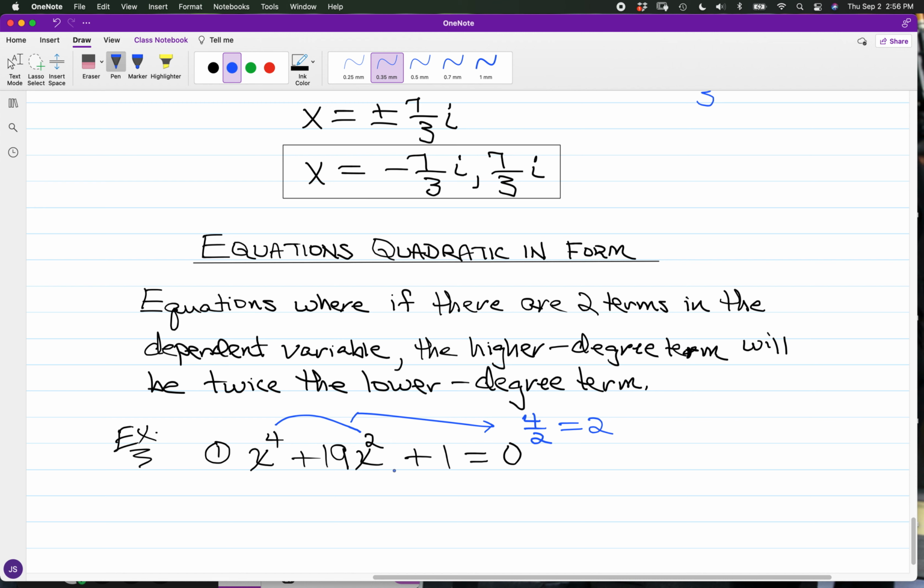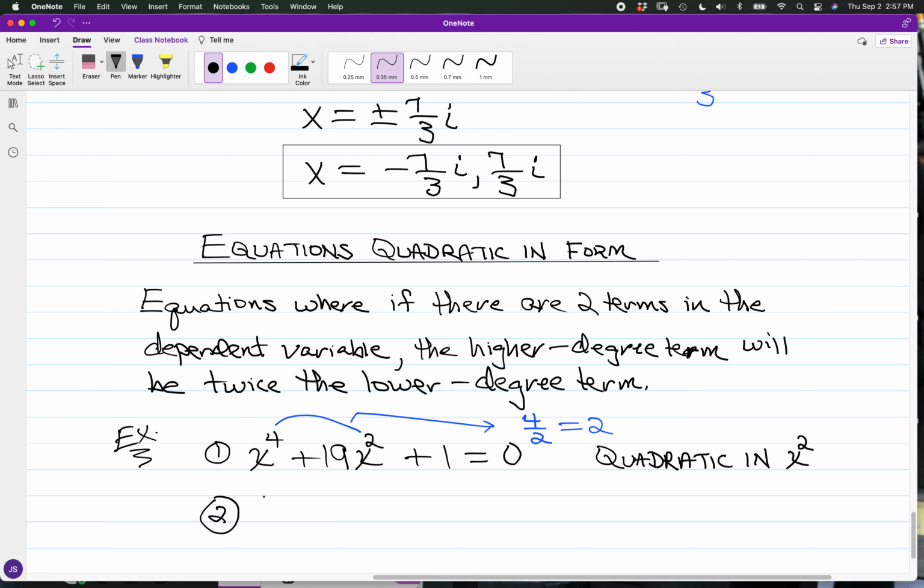So for this equation, this is going to be said to be quadratic in the lower degree variable factor. Okay, so we can say that this equation is going to be quadratic in x squared.